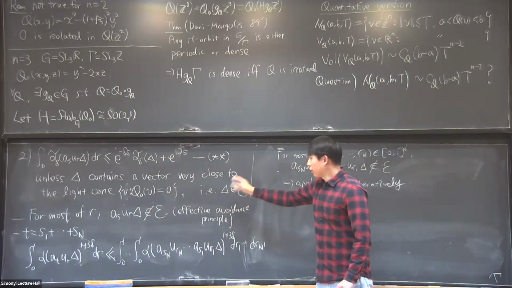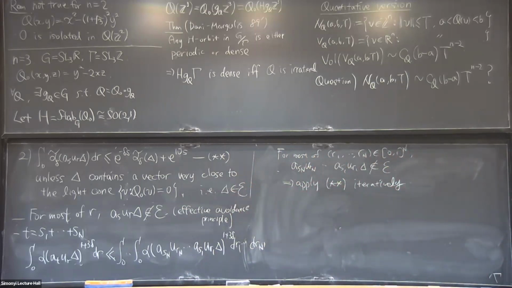Combining these two ingredients, we end up with the proof of this uniform boundedness result. And this in turn implies the generalization of Ratner's theorem for unbounded functions. And eventually we get the quantitative version of the Oppenheim conjecture for the signature (2,1).